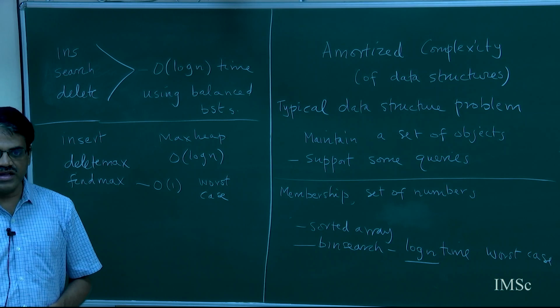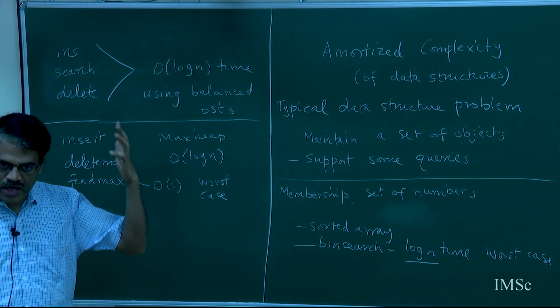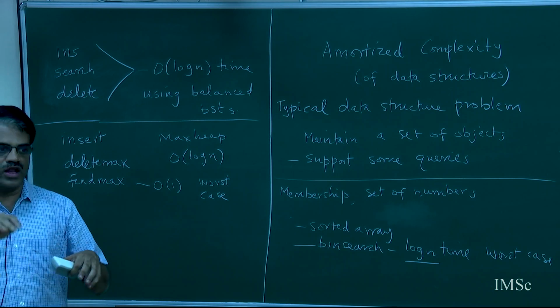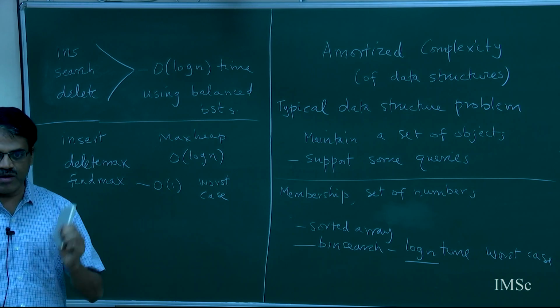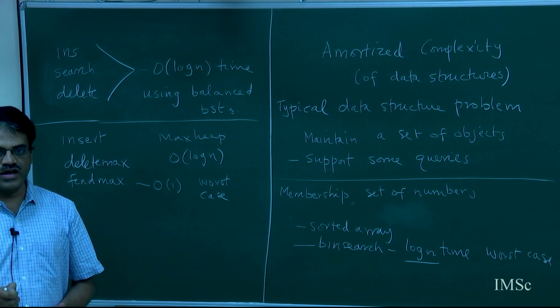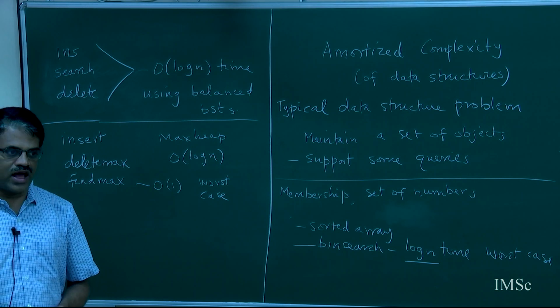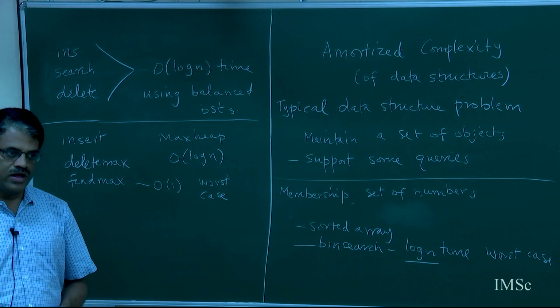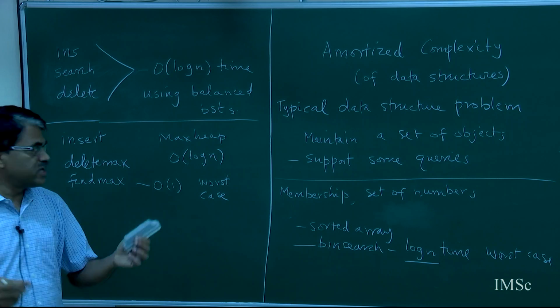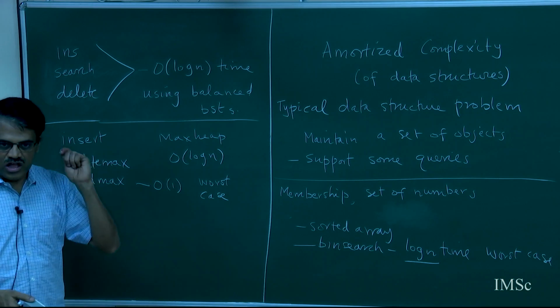One is that the data structure problem may be the real problem. Like Google, you give a query and you want to get the answer, so you really care about worst case time. I want to get the answer very fast, so it's important that I have a good worst case time. Maybe you're searching for a word in a dictionary, then you really want fast worst case time.